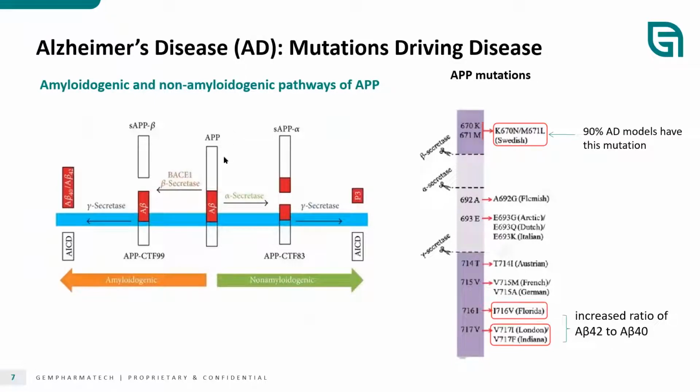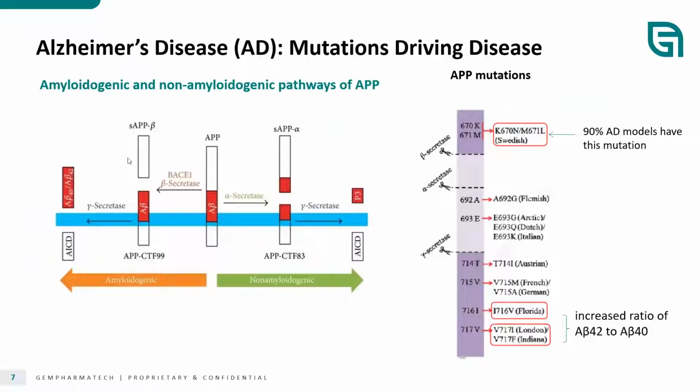APP has amyloidogenic and non-amyloidogenic pathways that it's involved in within the body. In non-amyloidogenic pathways, soluble APP alpha is generated from the cleavage of APP by alpha secretase, and it shows biological functions in growth regulation and neuroprotection.